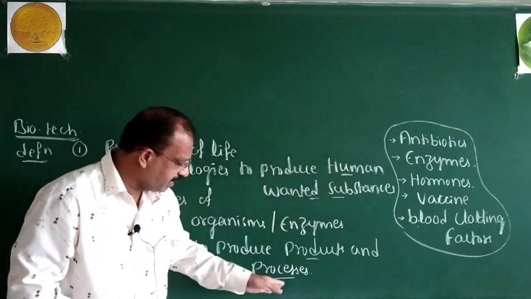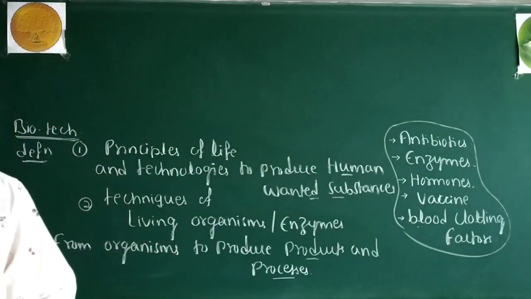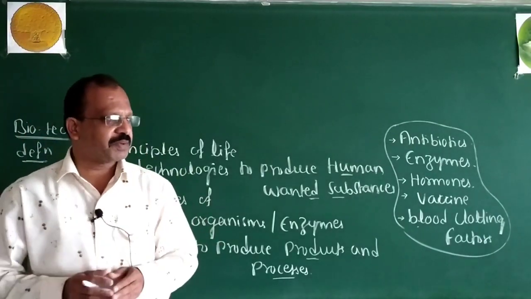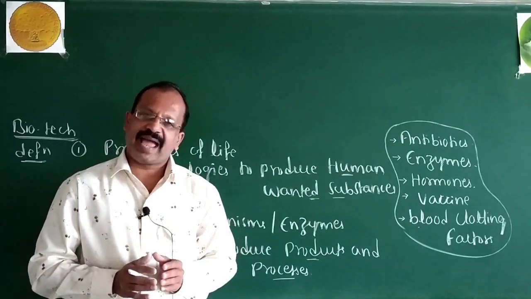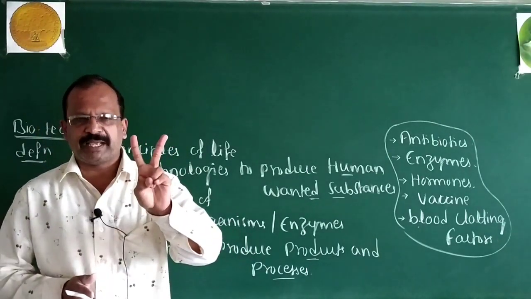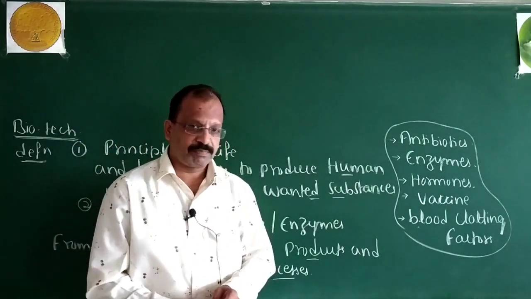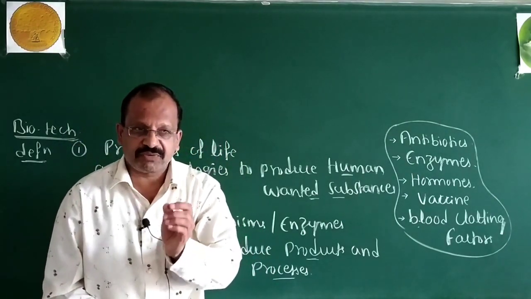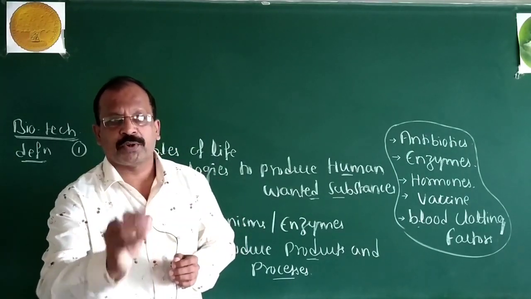Products are listed already. For process, I'll provide you one example: fermentation. Anaerobic respiration has two types of fermentation. One is alcoholic fermentation, where C2H5OH, ethyl alcohol, is produced.